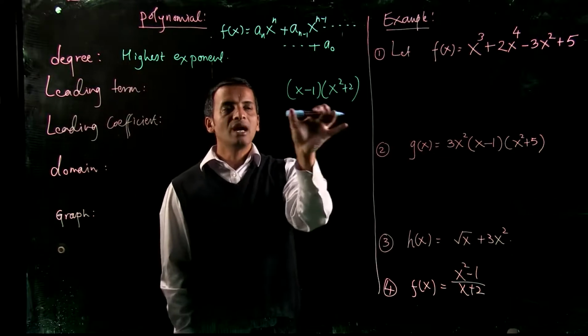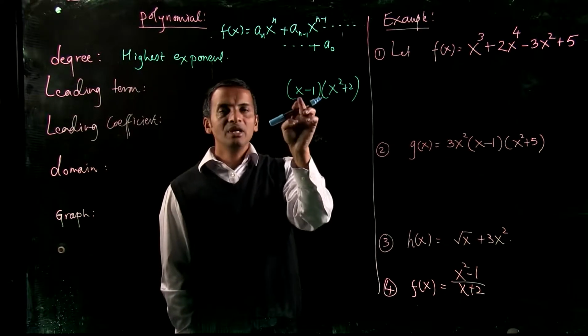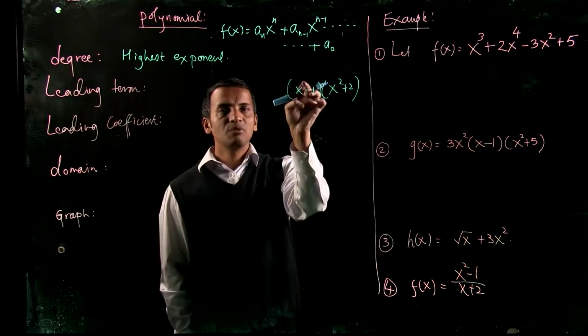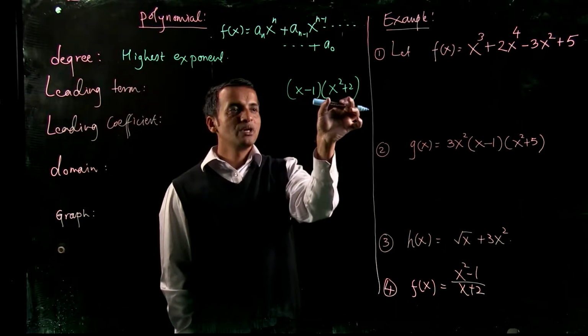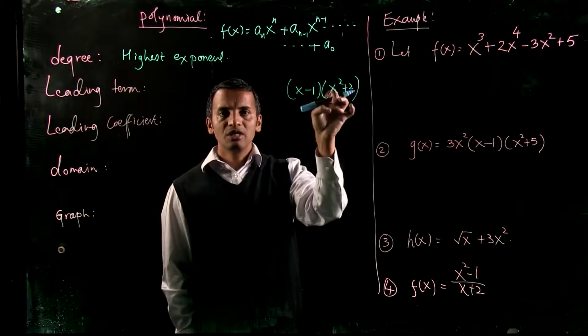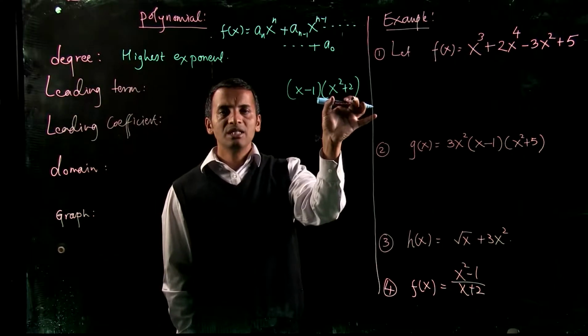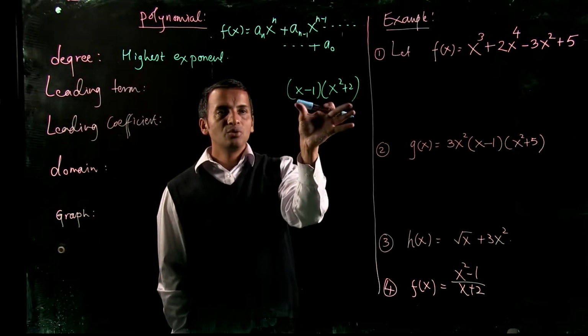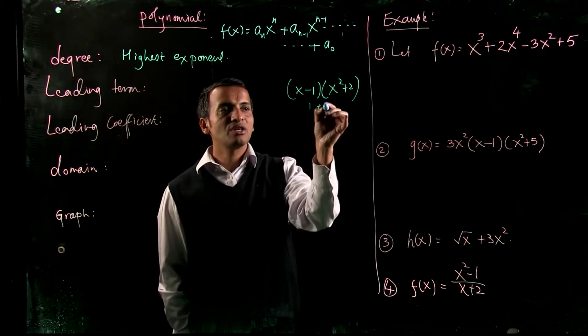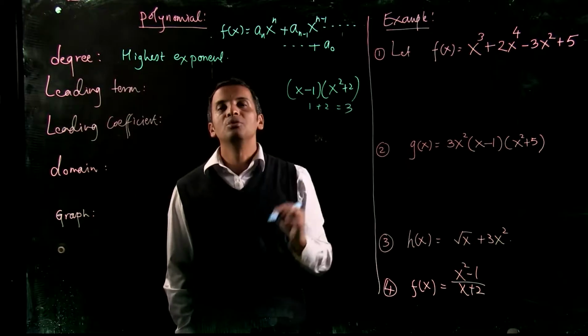But what is the degree? For the first factor, the exponent is 1, so the degree is 1. For the second factor, the exponent is 2, so the degree is 2. The total degree is 1 plus 2, which is 3.